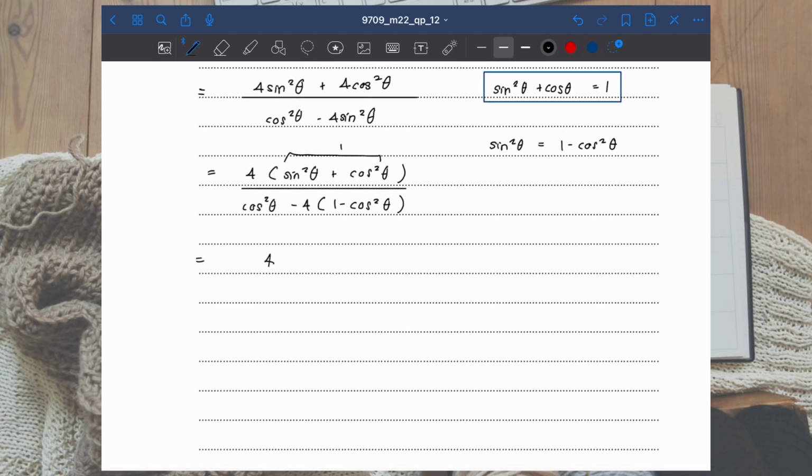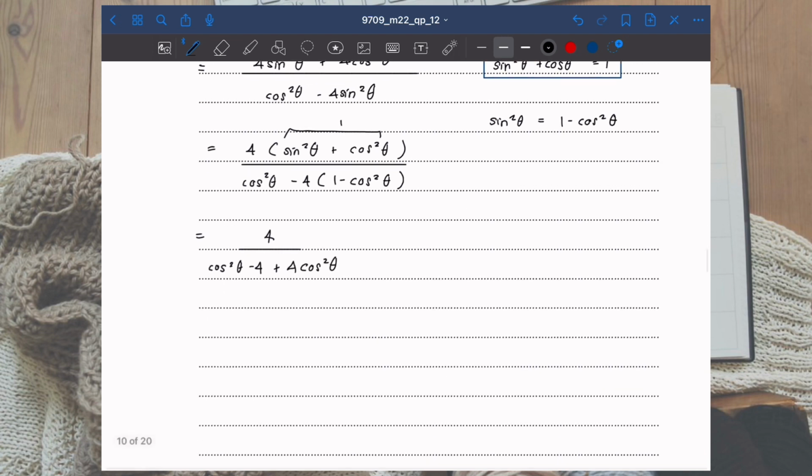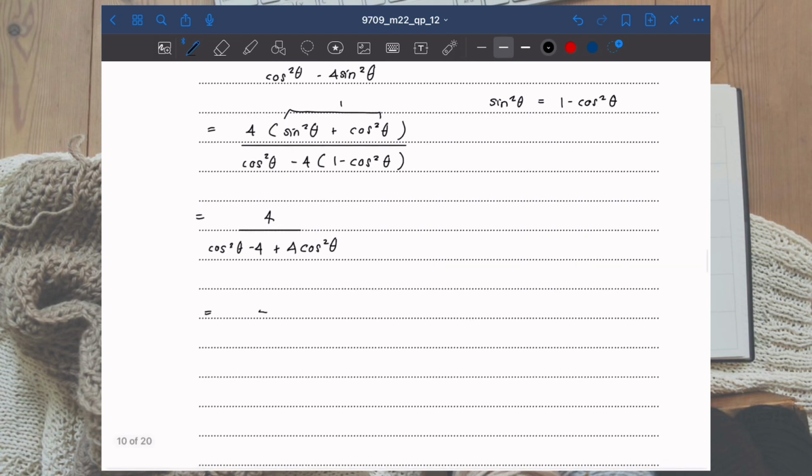So up here the numerator is just 4, and you have cos² θ minus 4 plus 4 cos² θ. And you'll get 4 over 5 cos² θ minus 4, which is your right hand side.